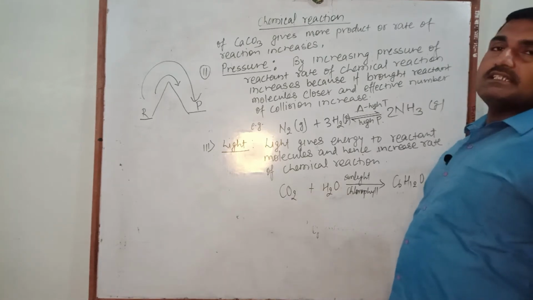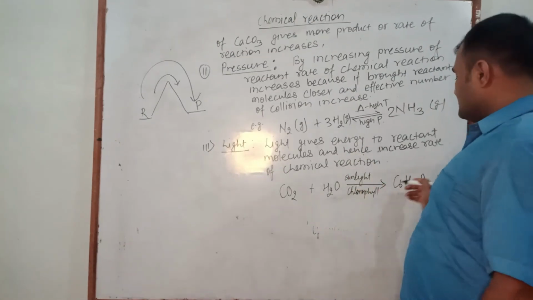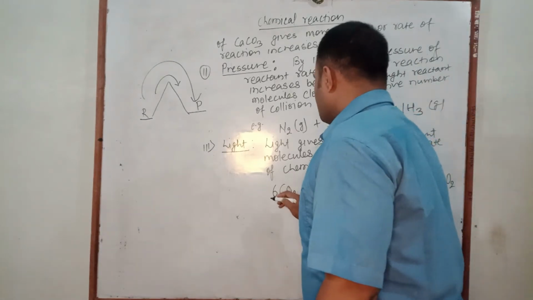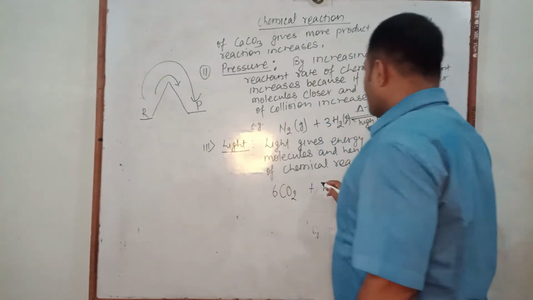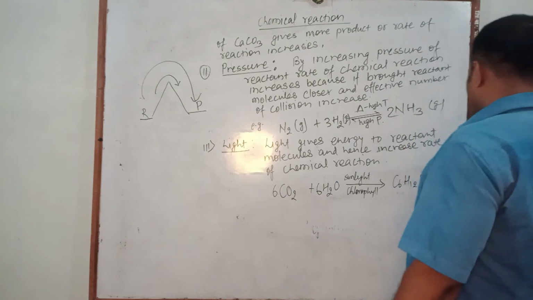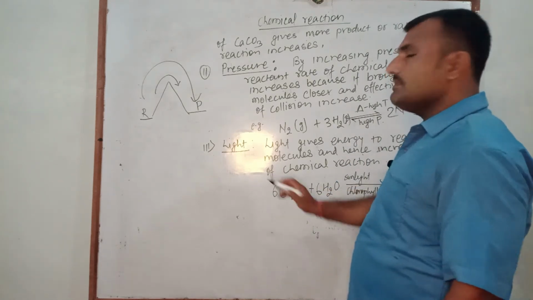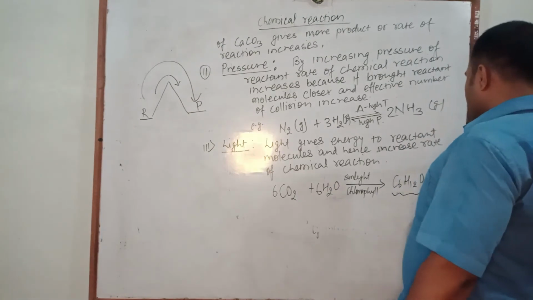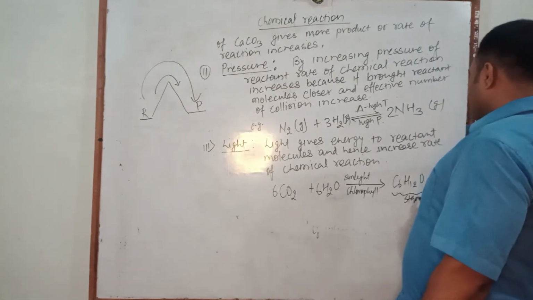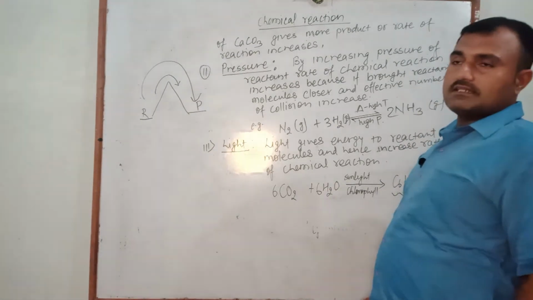This reaction is called the photosynthesis reaction. Carbon is 6, hydrogen is 12, oxygen is 18 on both sides. In this way, starch is formed by the photosynthesis reaction.